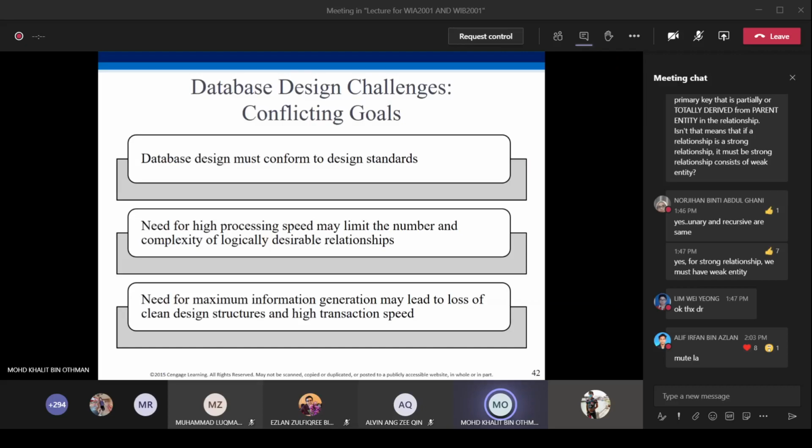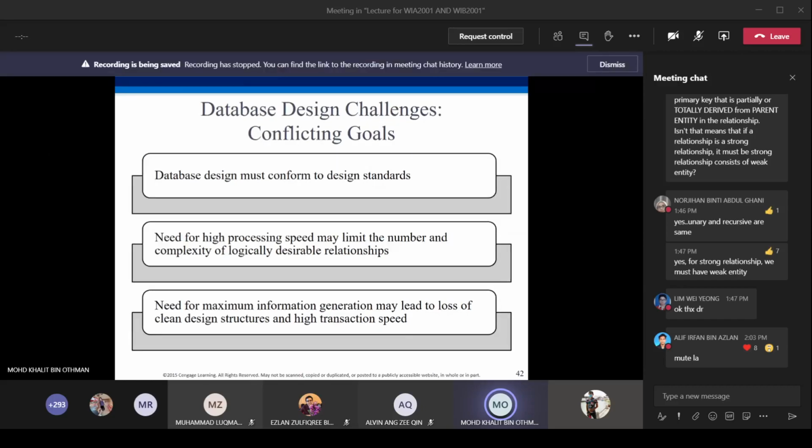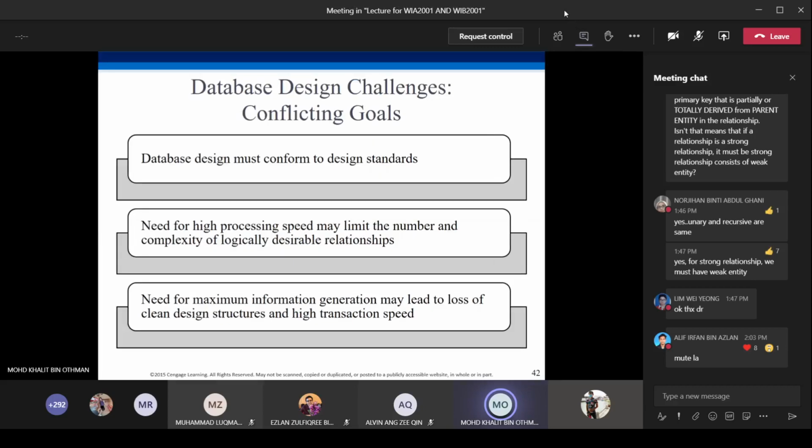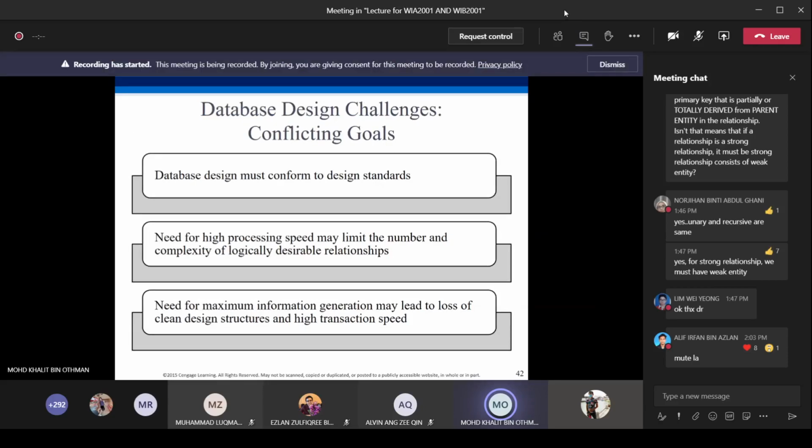Without design standards, it is difficult for you to formulate the proper design process, to evaluate the existing design, or to trace the logical impact of changes in the design. Okay, this is the first challenge: database design must conform to design standards.